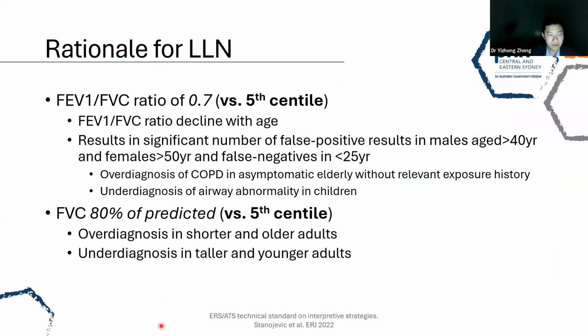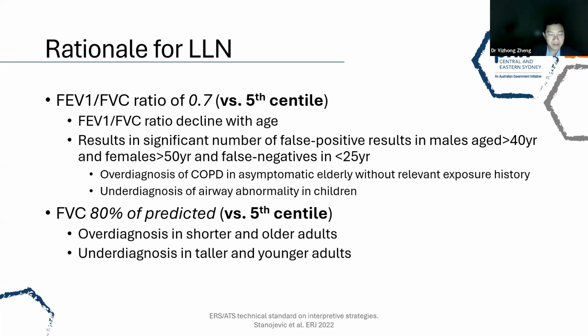So what's the rationale for the change? For the FEV1 to FVC ratio, that recommended change has been in place, at least in the Respiratory Society guidelines, for a while. The reason, as we discussed, is there is a natural, age-related decline in the FEV1 to FVC ratio. The lungs or the alveoli become more compliant. There's a loss of structure with aging, even without any significant smoking or occupational exposure.